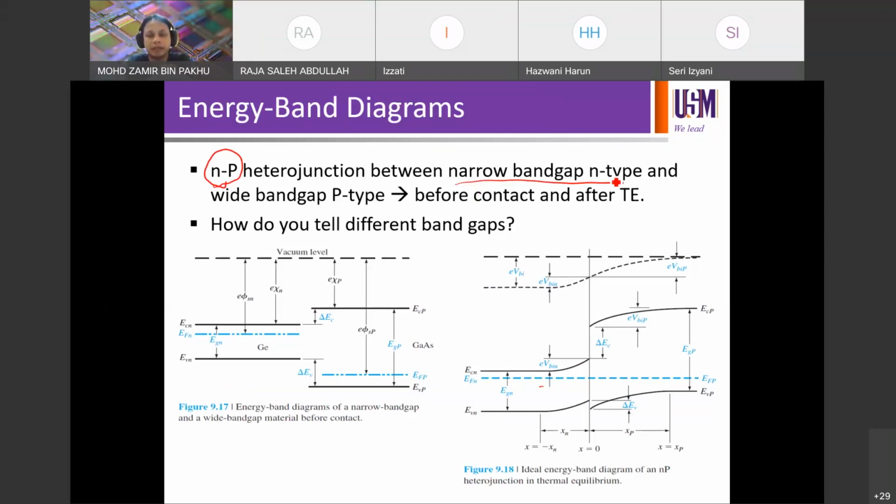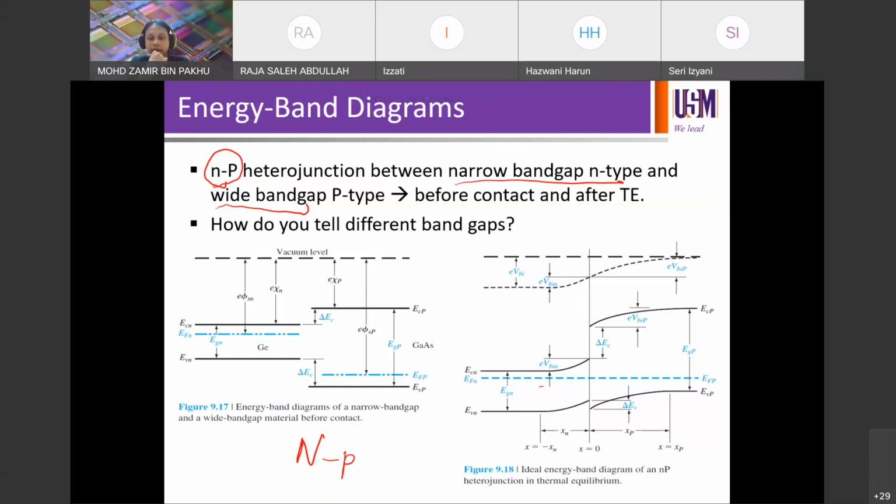P there is used to signify wide band gap. If you have the opposite case, for example, then you're going to end up writing Np: wide N, narrow p on the opposite case, okay? So in this case, we're talking about narrow n and wide P, therefore small n, capital P. So we're trying to combine them as a heterojunction.